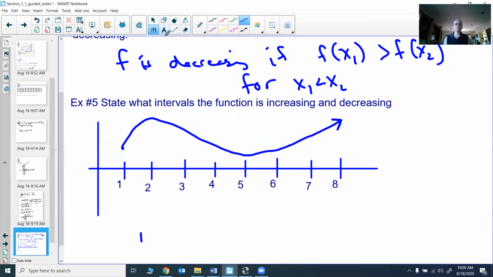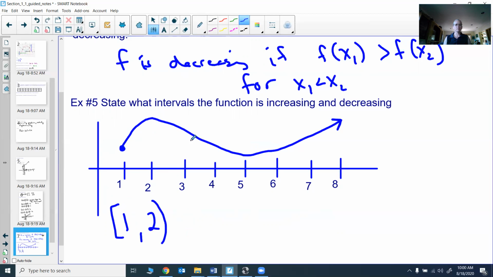I also notice that I have a dot here, not an arrow, so that means I'm actually starting there. It's a closed dot, so I have a closed bracket. Now at 2, I don't really know what I'm doing, so I'm not going to include 2. I'm going to put an open bracket to say I'm not including that one.